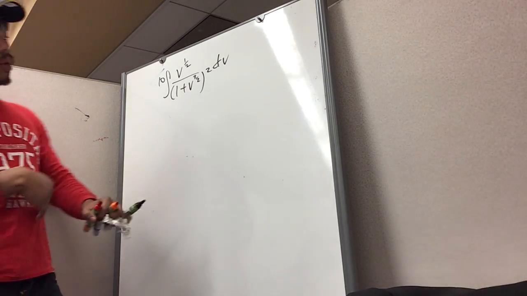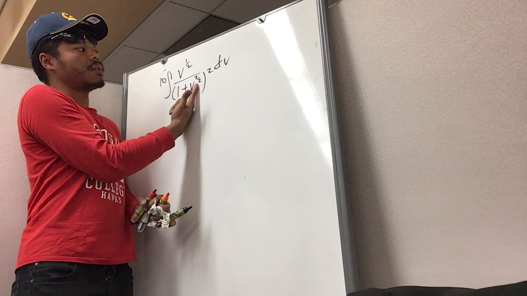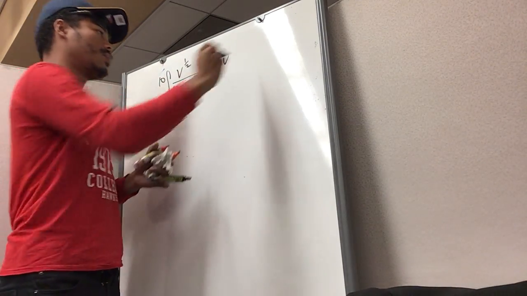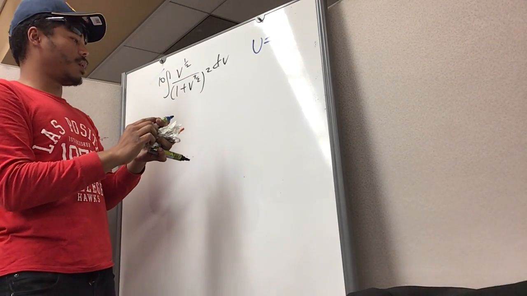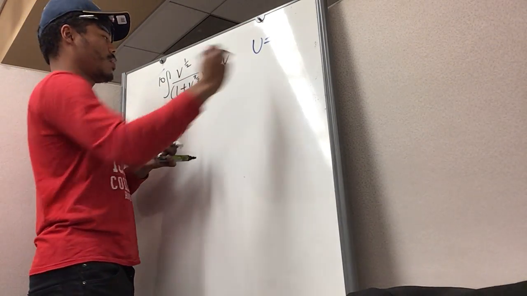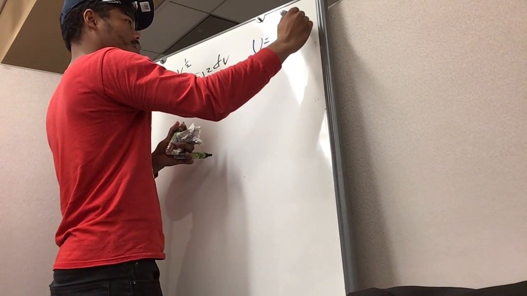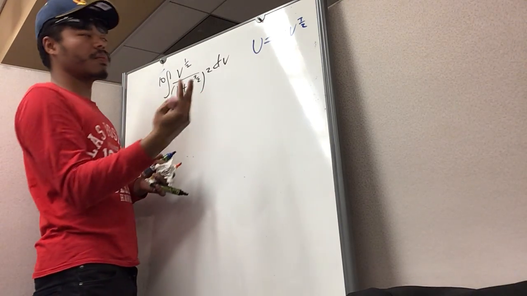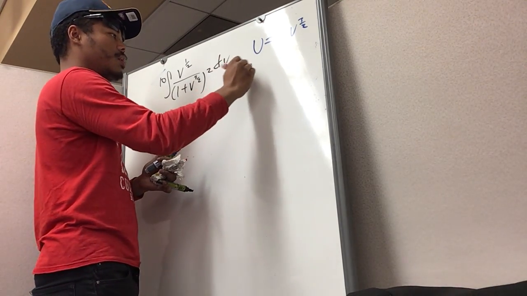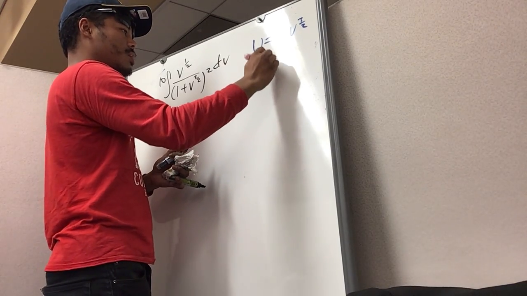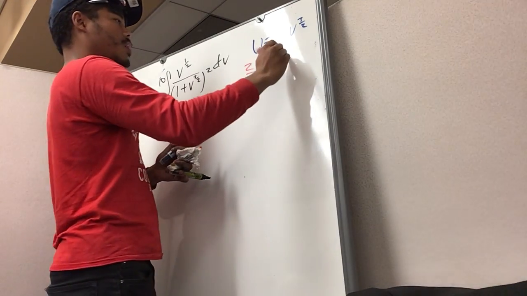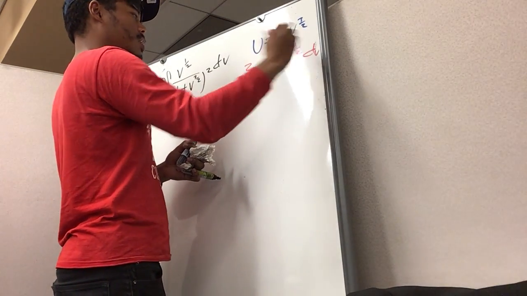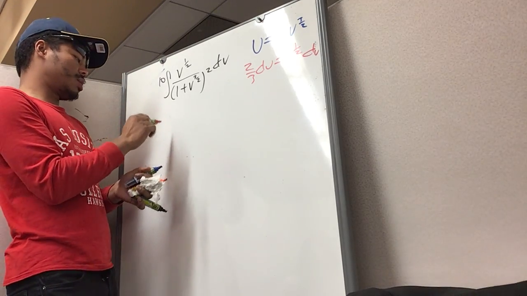Notice if you take the derivative of this, you subtract the power by 1, and you'll get that. So we're going to make u equal 1 plus v to the 3 over 2. du will equal 3 over 2 v to the 1 over 2 dv, so 2 over 3 du equals v to the 1 over 2 dv. Alright, so now this is the integral.